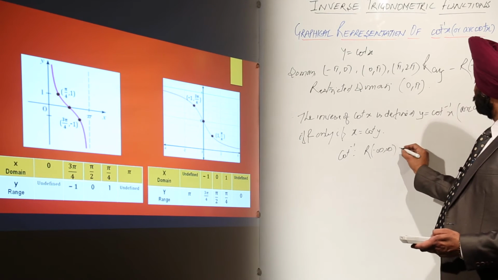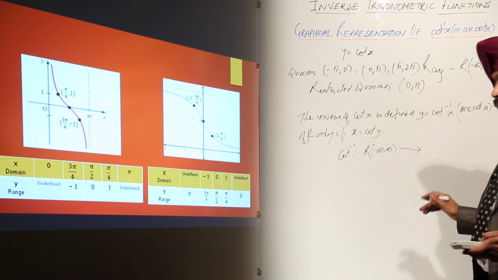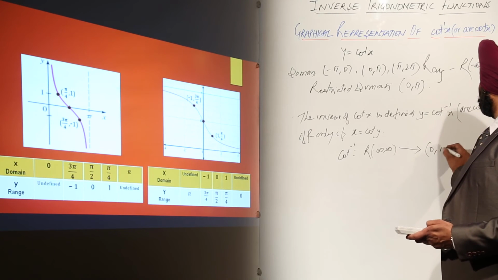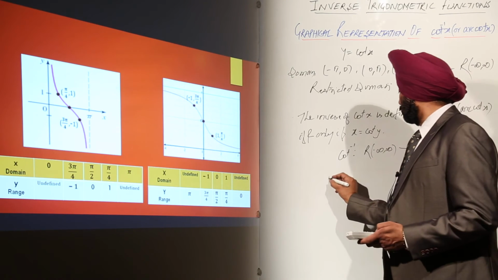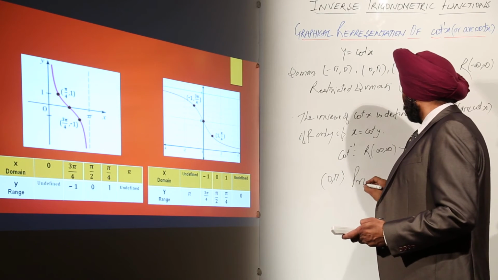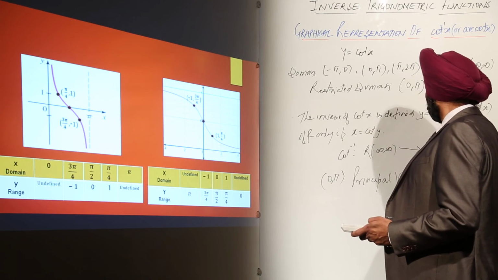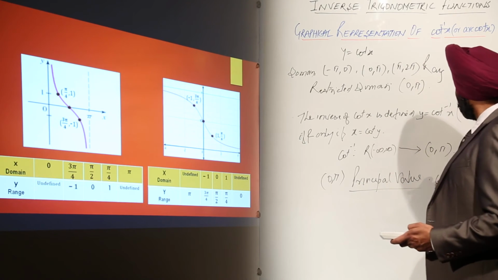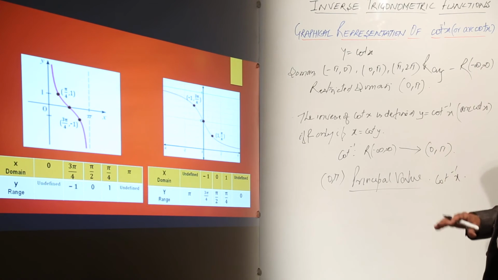And the range is 0 to pi. With the open interval, 0 to pi is the principal value branch of cot inverse x.